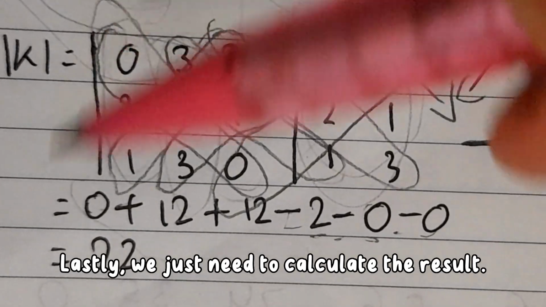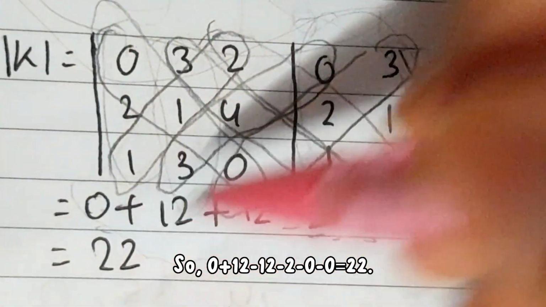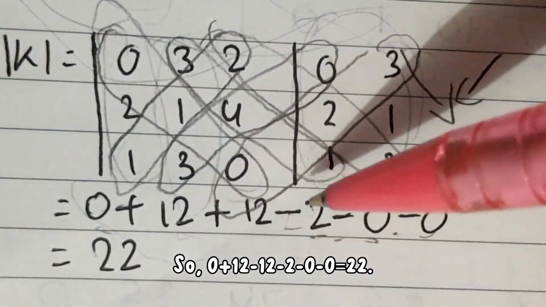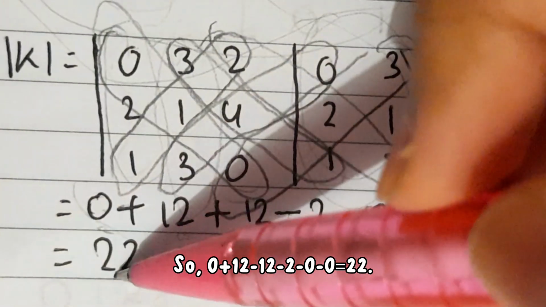Lastly, we just need to calculate the result. So 0 plus 12 plus 12 minus 2 minus 0 minus 0 equals 22.